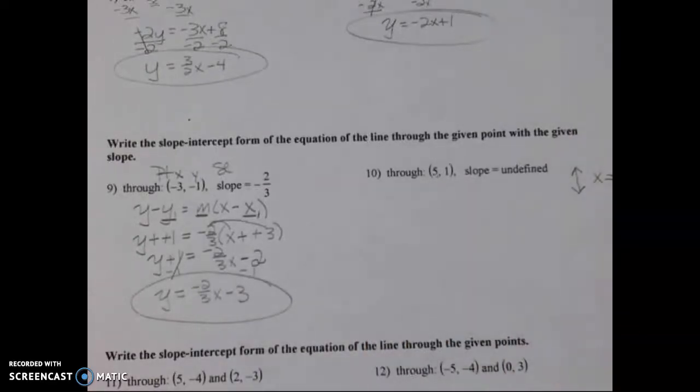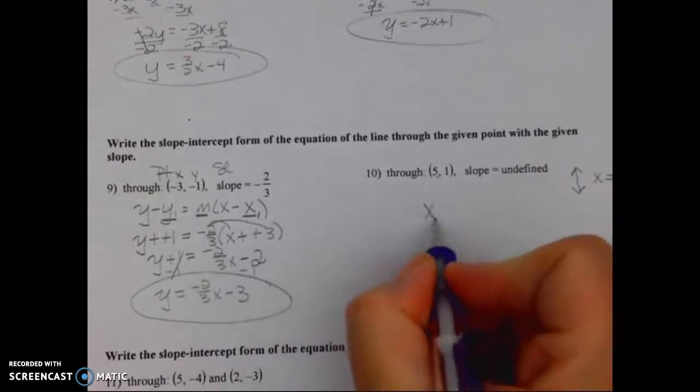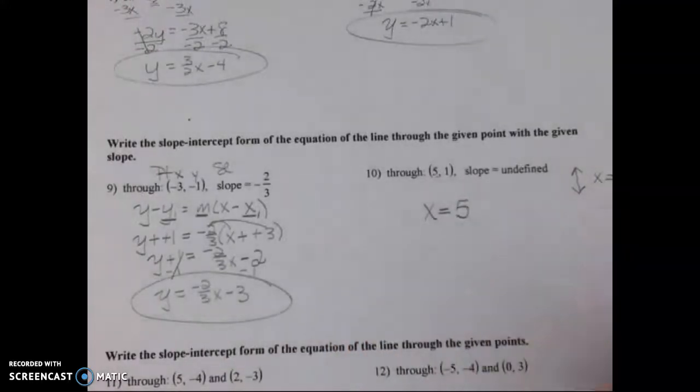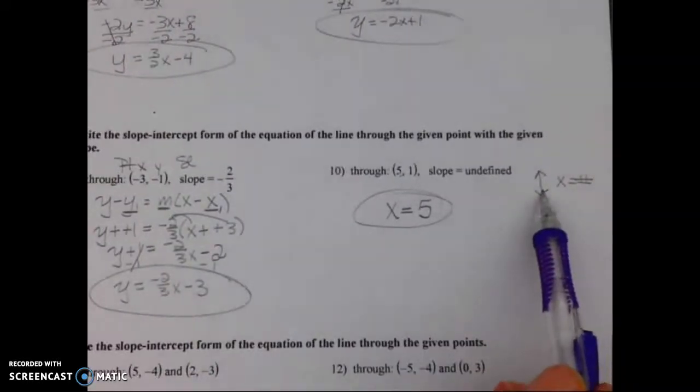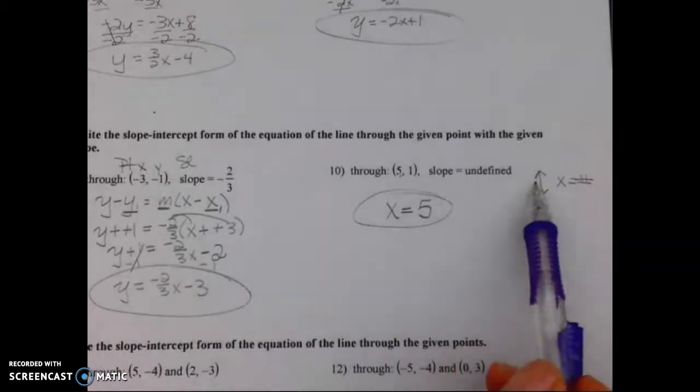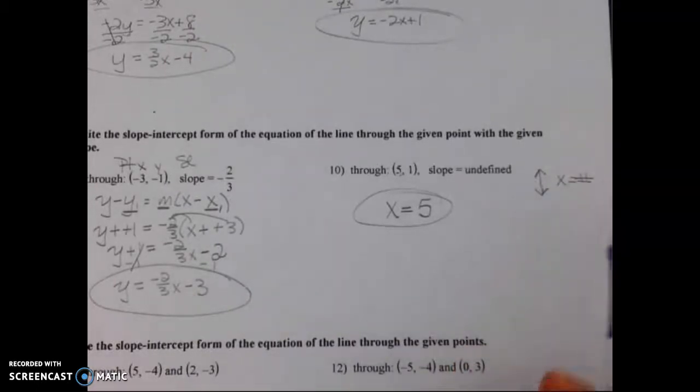So the equation is x equals 5. Wow, that was easier than I thought. So what you guys need to remember is if it's undefined, vertical line, x equals a number. If your slope is 0, horizontal line, y equals a number. It seems like that should be highlighted somewhere in your notes.